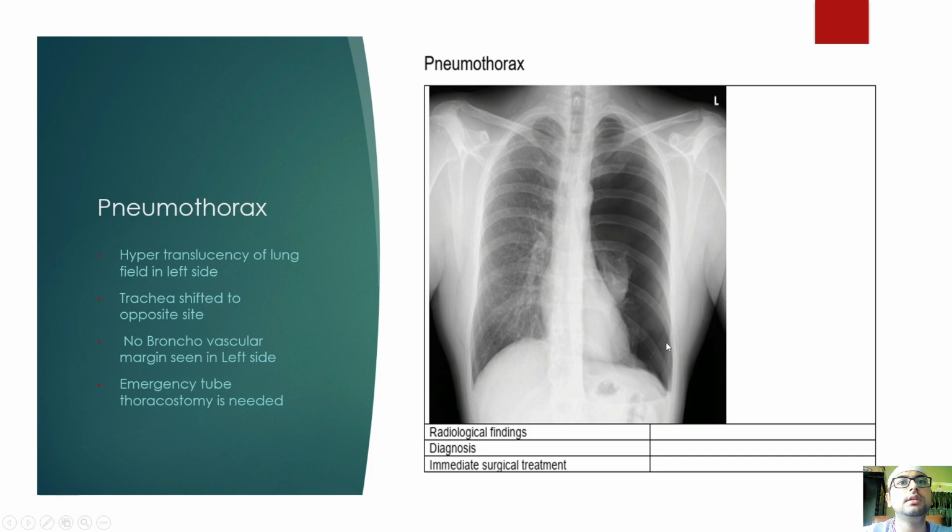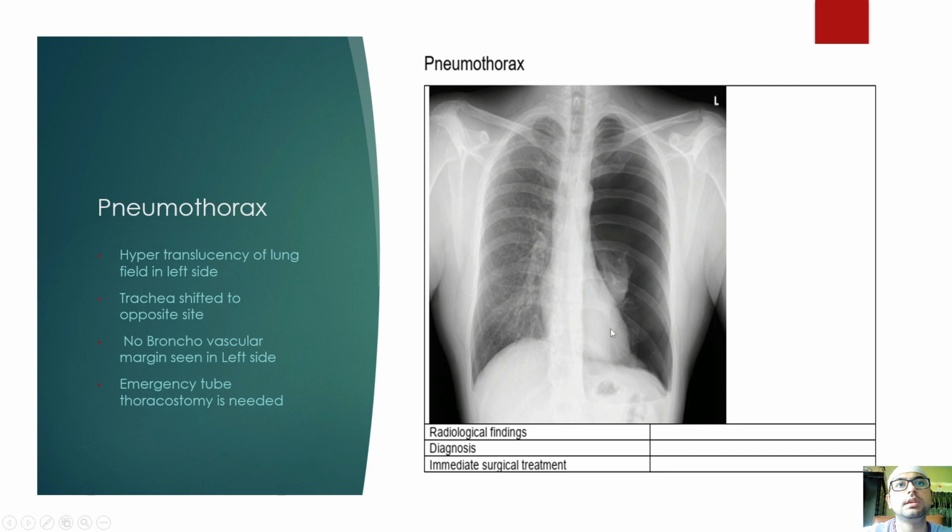Here the radiolucency of the left side is more than the right side, and there is an absence of bronchovascular margin. The right side has lung with bronchovascular margin, but there is no lung here, and the lung is collapsed.